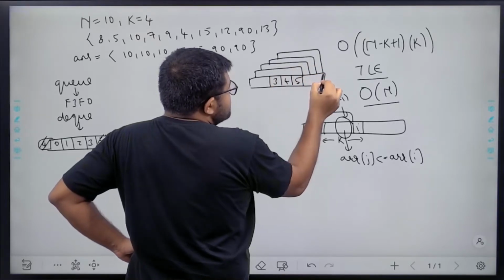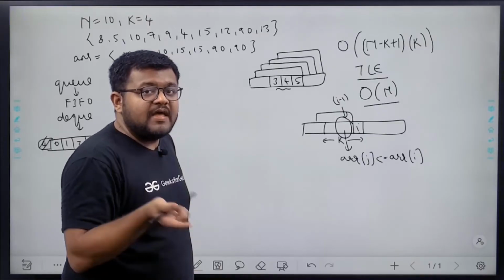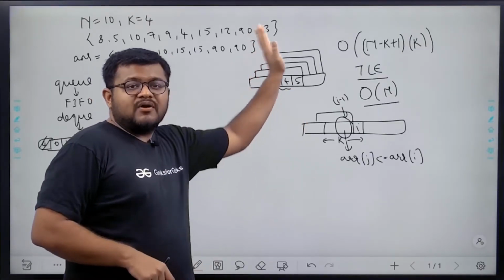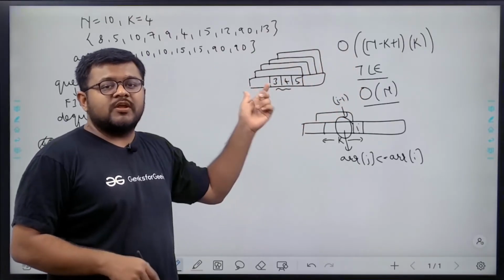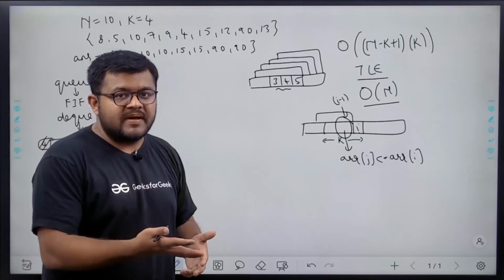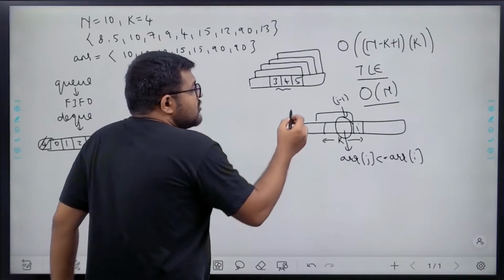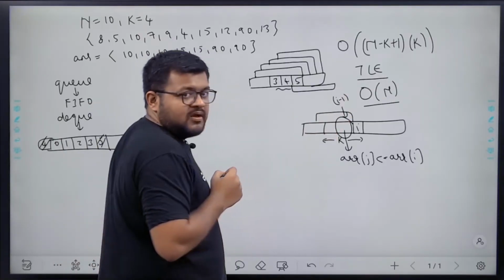Now in this, if 3 or 4 is a part of that subarray, 5 will definitely be a part of that subarray. If 3 or 4 are a part of any further subarrays, 5 will definitely be a part of that subarray. So 3 and 4 will not get a chance to become the maximum element. It may be possible that 3 and 4 are not a part of the subarray, but 5 is a part of the subarray.